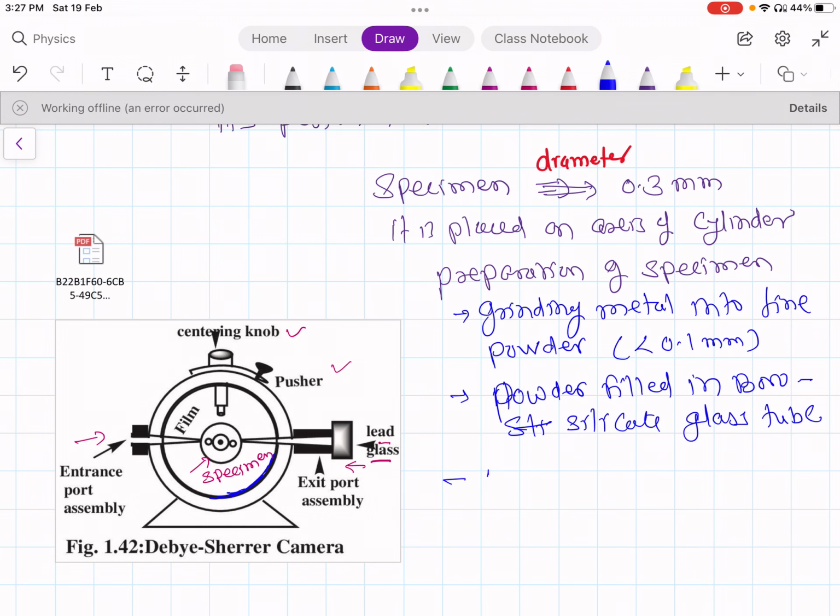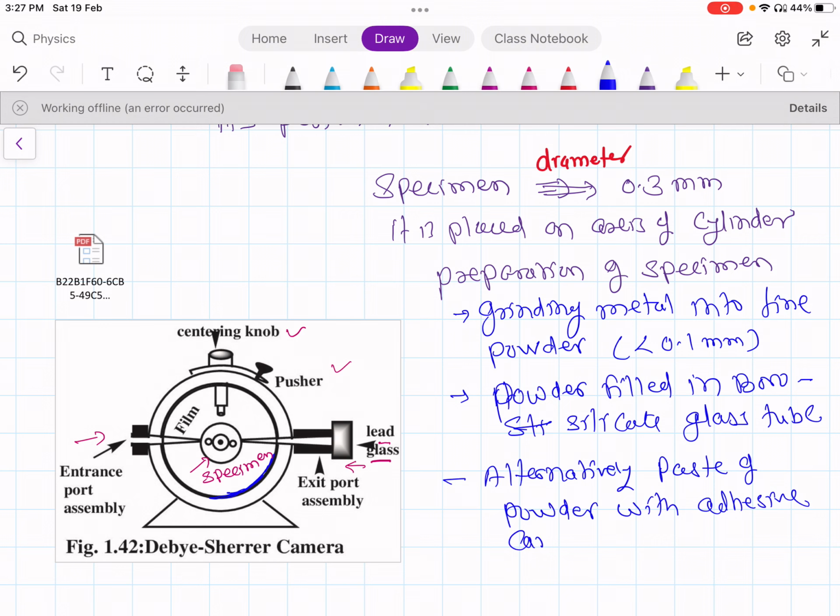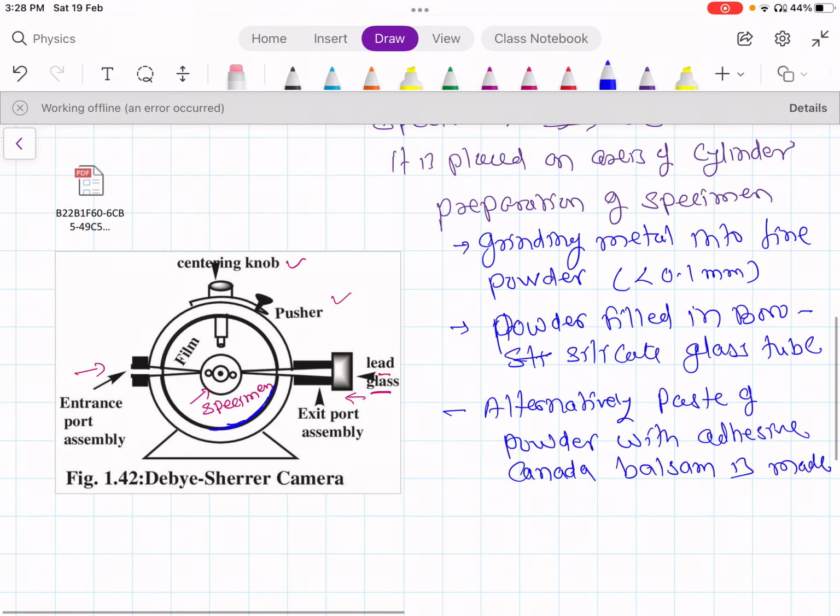Or alternatively, a paste of the powder is made with an adhesive, Canada balsam, and that paste is sprayed on a wetted hair.